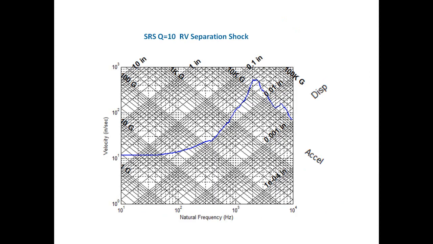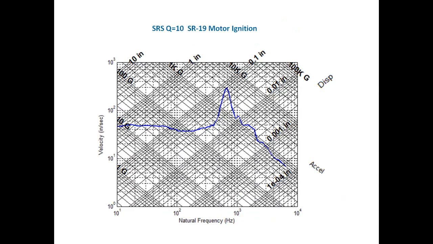But let's say we go back to the SR-19 ignition shock, for example. Well, certainly this 300 inches per second is severe, but if the natural frequency of that component is, say, around 100 hertz or so, then the pseudo velocity would only be around 50 inches per second. So not quite as bad, but just for ranking these events in terms of a single value, we would rank them in terms of the peak pseudovelocity.